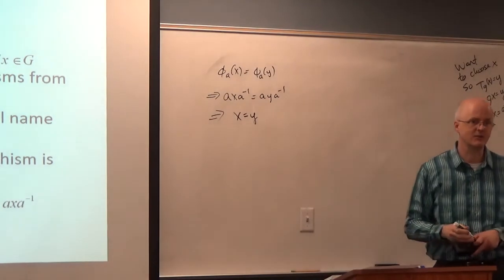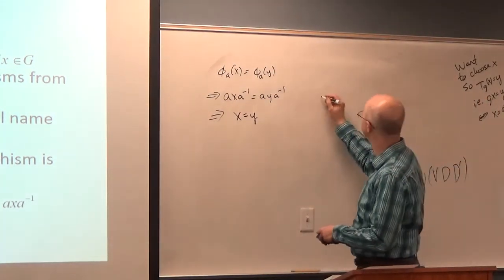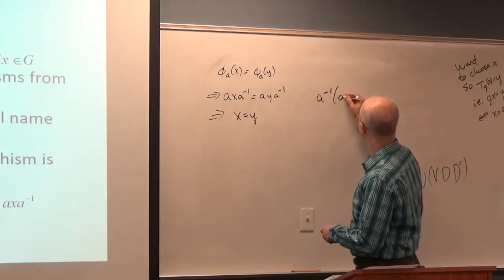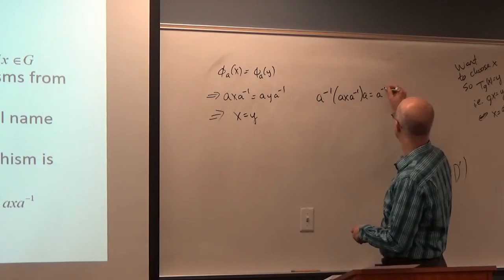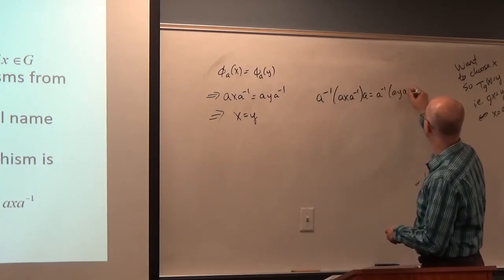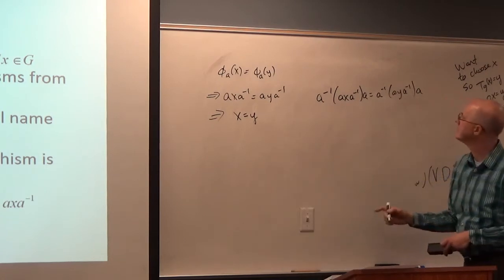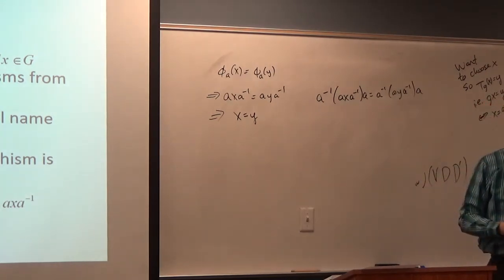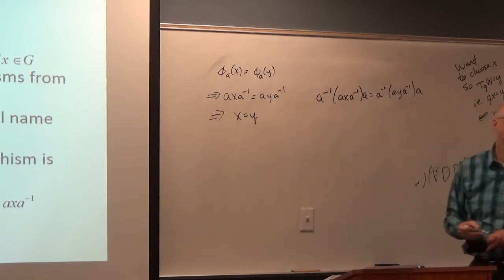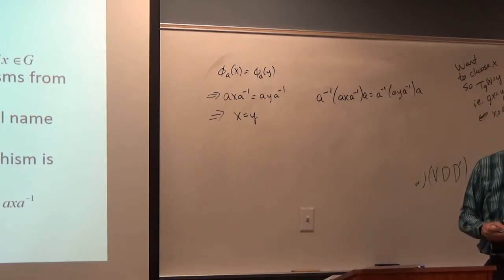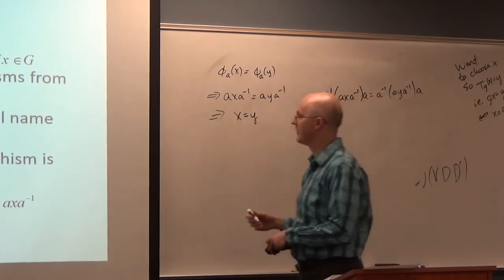If you wanted to show steps and not just say by cancellation, you could write this kind of thing first, and then use the associative property to group together the A inverses and the A's to get the identity to ultimately see that x equals y. But you can just say cancellation. That would verify the function's one-to-one.